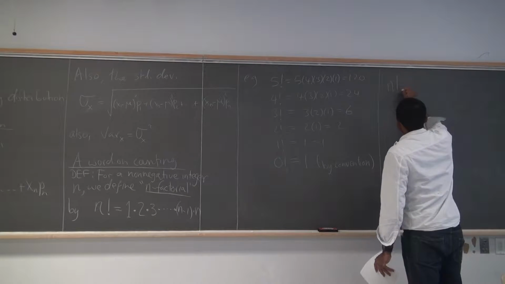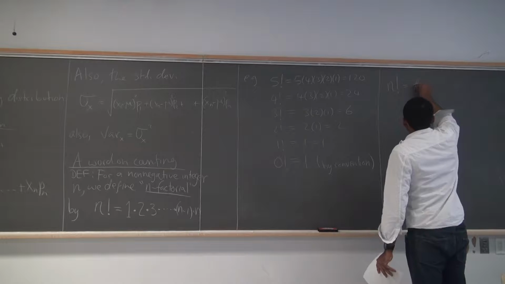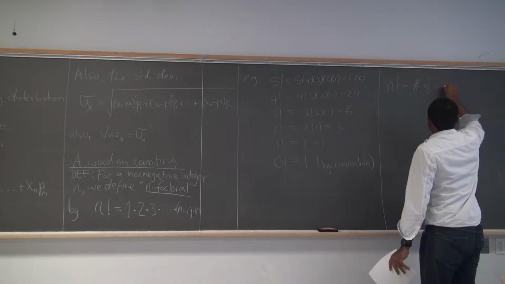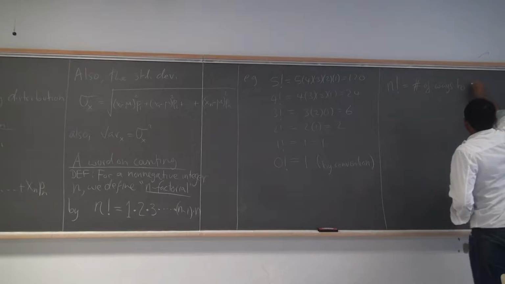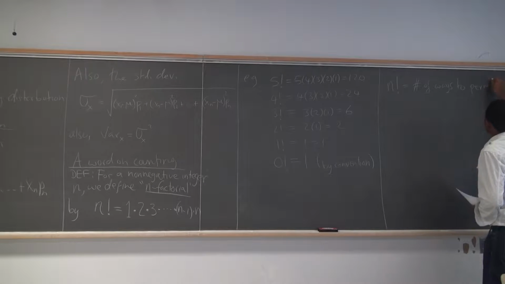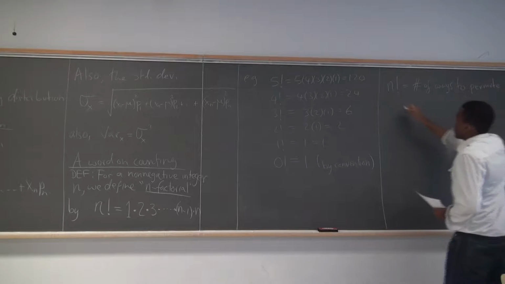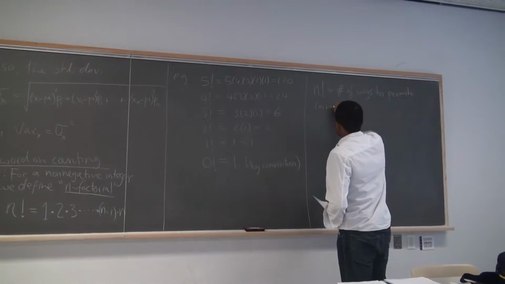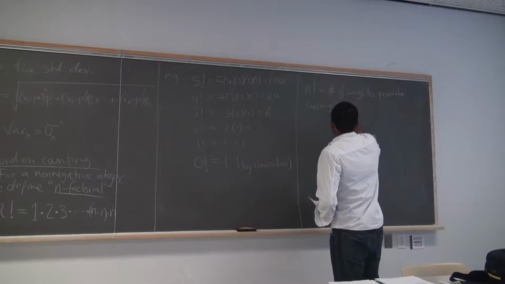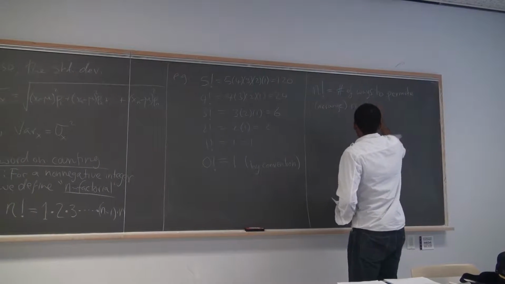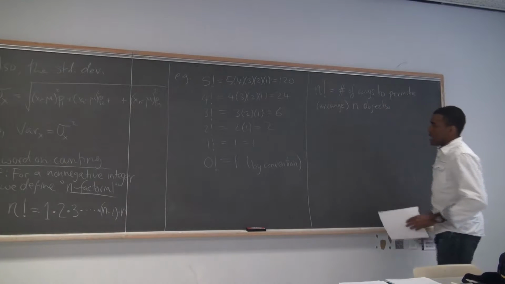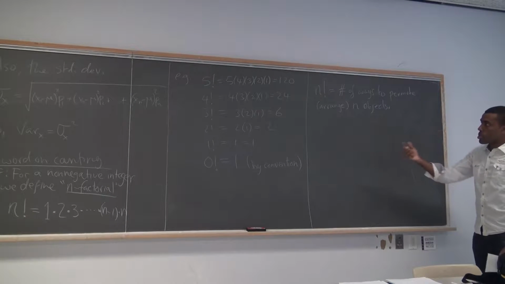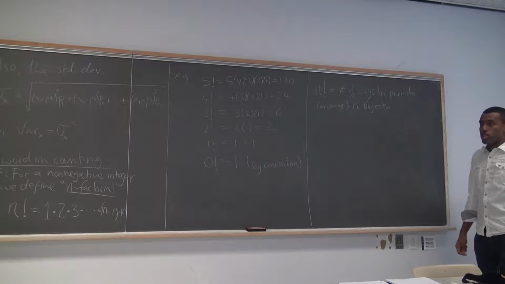n factorial equals the number of ways to permute or arrange n objects. So it's actually a counting tool. If you want to arrange things in order in some way, n factorial will tell you the number of ways.